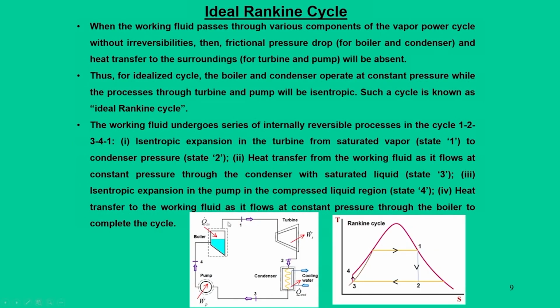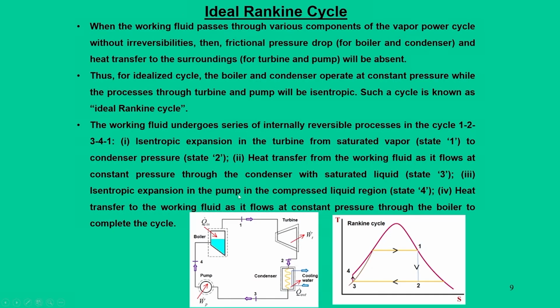For the ideal Rankine cycle which we have analyzed for its thermodynamic properties and cycle analysis, what we have assumed is an isentropic expansion in the turbine, then the heat transfer of the working fluid in the boiler as well as in the condenser occurs at constant pressure.